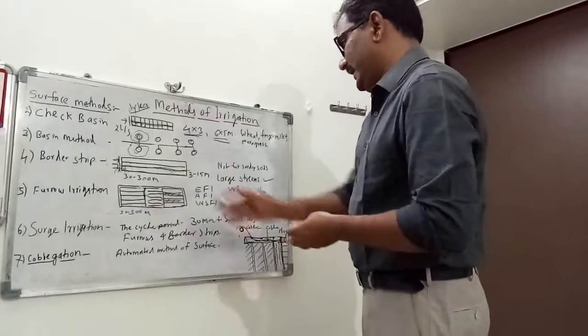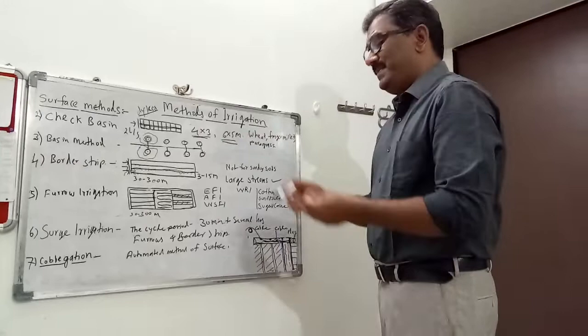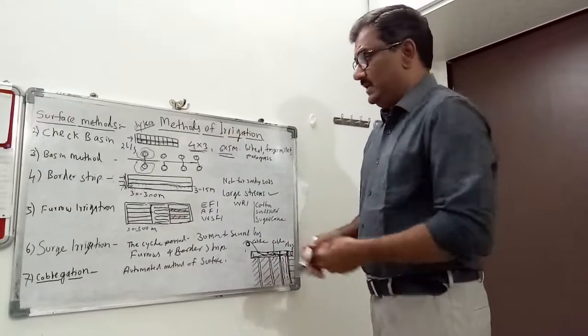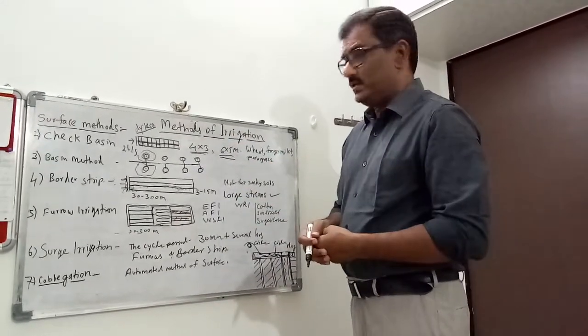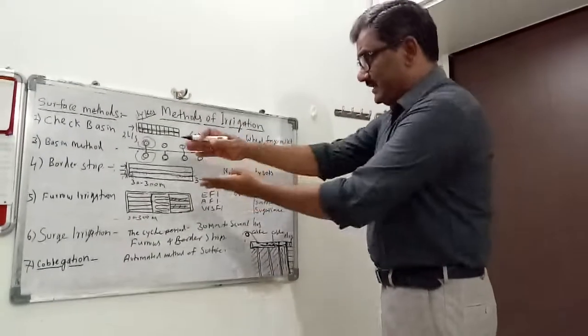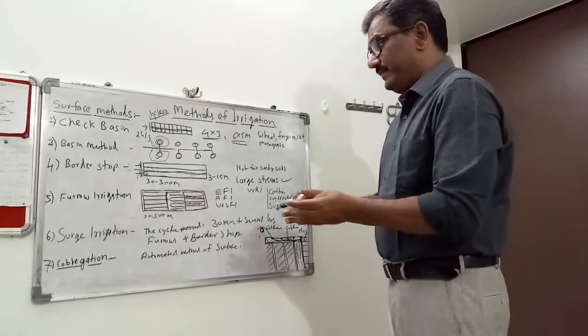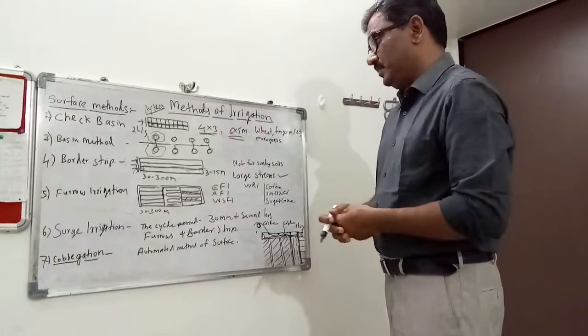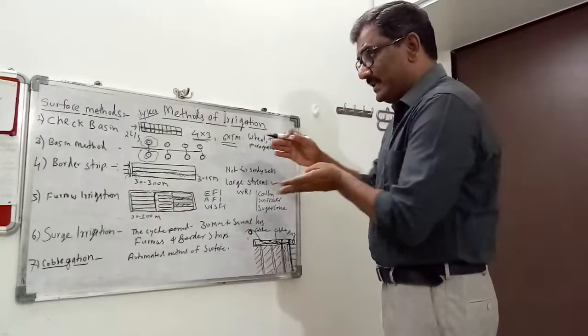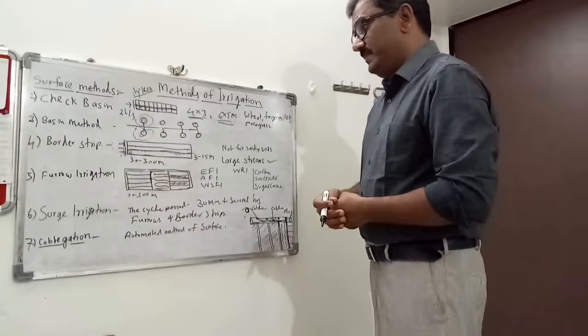Here again, the length of the border strip as well as the width of the strip depends upon the slope of the land and the stream size of the water source. If the stream size is large, we can increase the length as well as the width. Also if the soil texture is medium or heavy, we can increase the length as well as the width of the border strip.